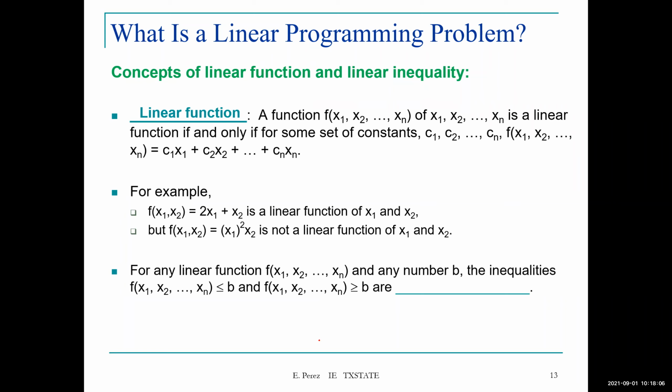If you plot this function, you will see this is a line. If you plot this other function, this is not going to be a line. This is going to be a convex figure. So for a linear function f of x1, x2 up to xn, and any number b, the inequalities f of x1 up to xn less than or equal to b, and f of x1 up to xn greater or equal to b are also linear inequalities. Still linear functions.